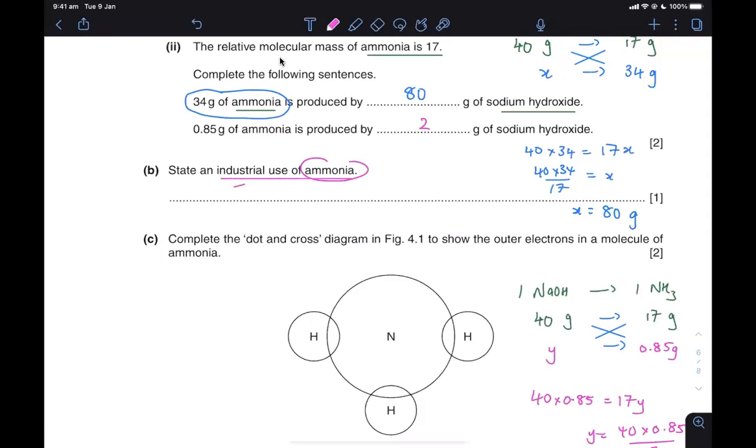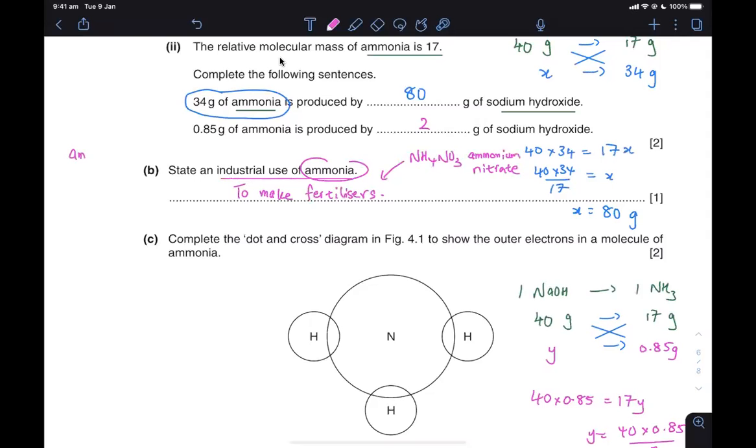So ammonia is used to make fertilizer on a large scale. We're talking about millions and millions of tons for agriculture all around the world. The fertilizer itself is like ammonium nitrate, which is an example of a salt. Ammonium nitrate is a salt that you get by reacting ammonia and nitric acid.